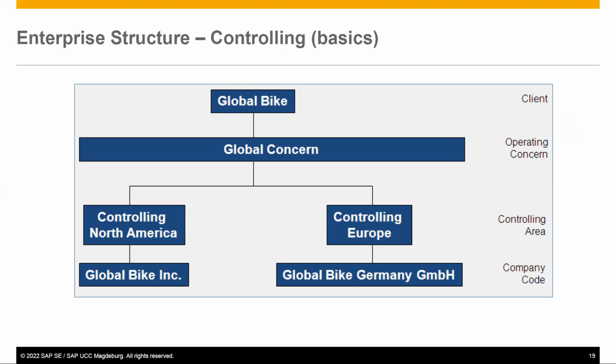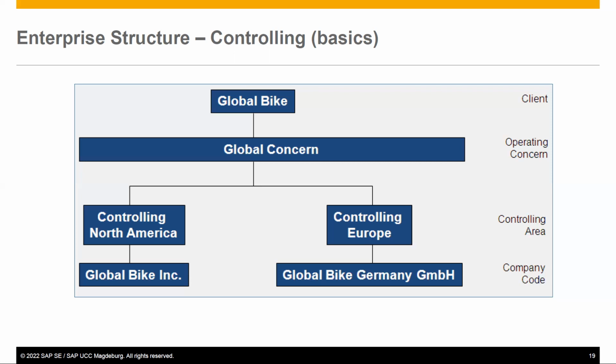For financial accounting, we were having a client and the company code, then we have chart of accounts, and then the last thing, credit control area. Now in controlling, in internal accounting, we have the client, same. Then we have the operating concern.